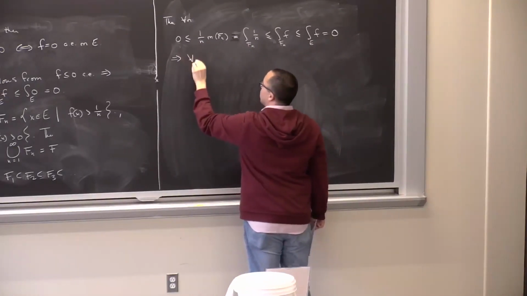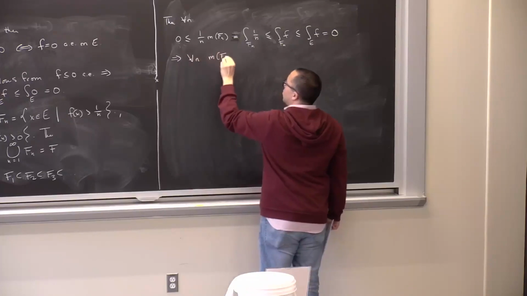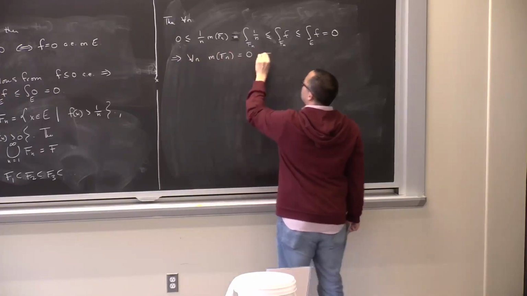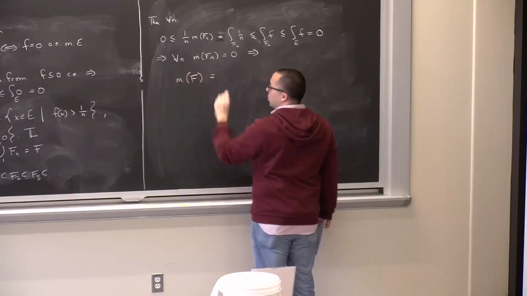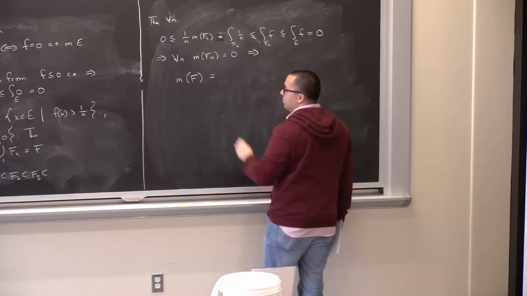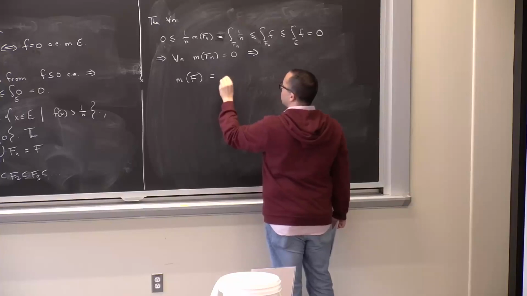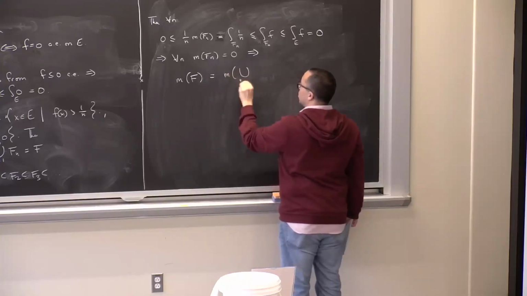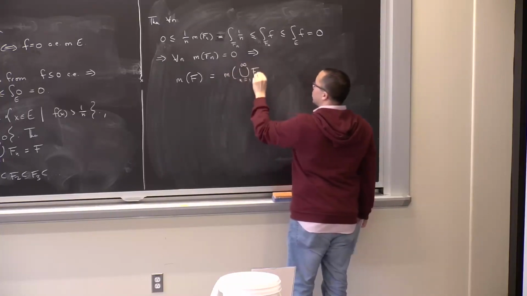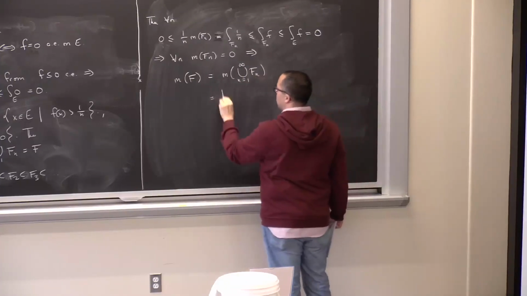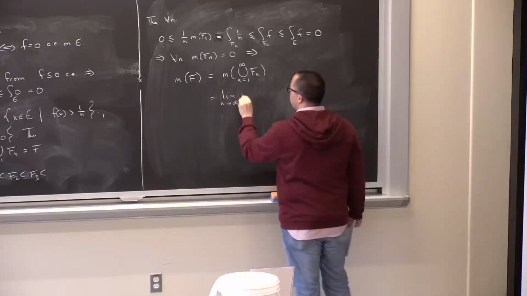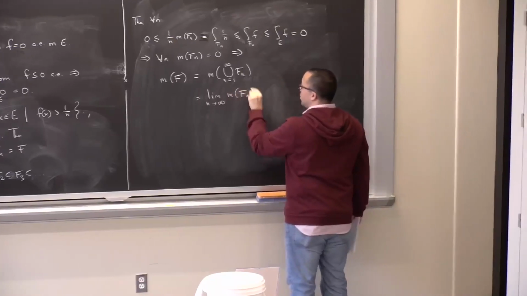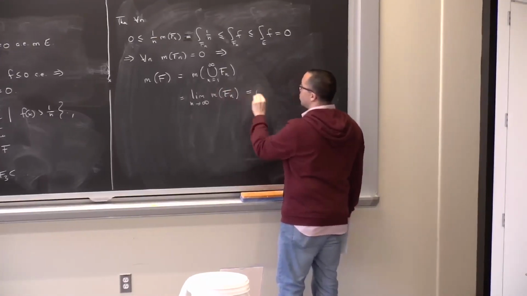And therefore, for all n, the measure of F_n equals 0, which tells me that the measure of F, which is equal to that union, which is equal to this increasing union, is by the continuity of Lebesgue measure equal to the limit as n goes to infinity of the measure of F_n, which equals 0.